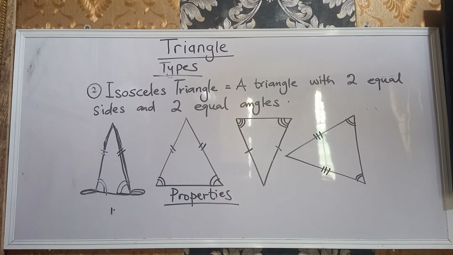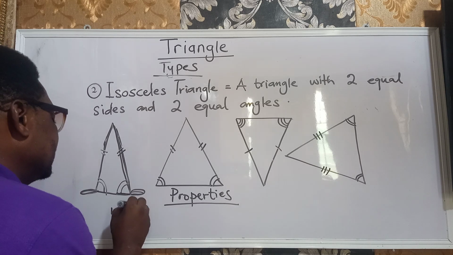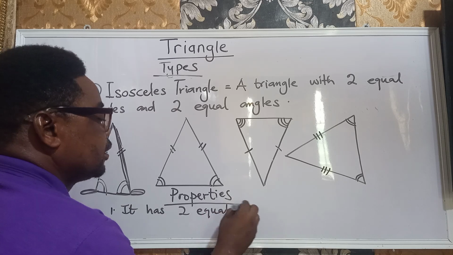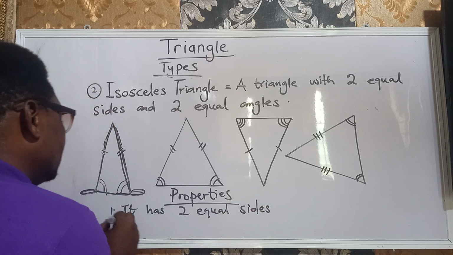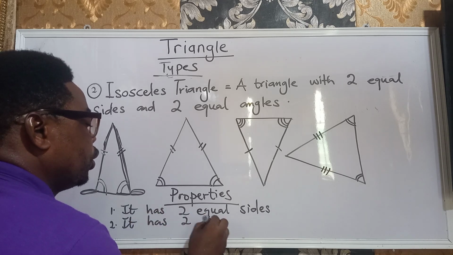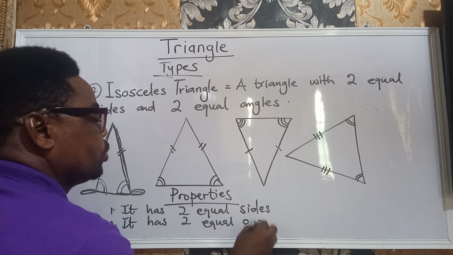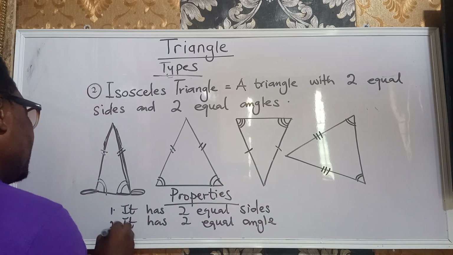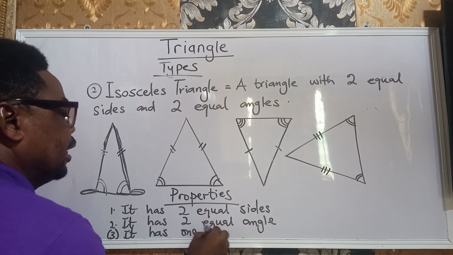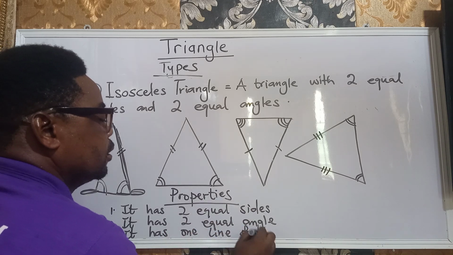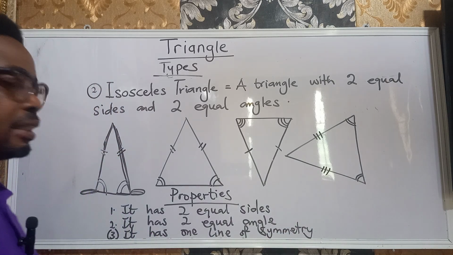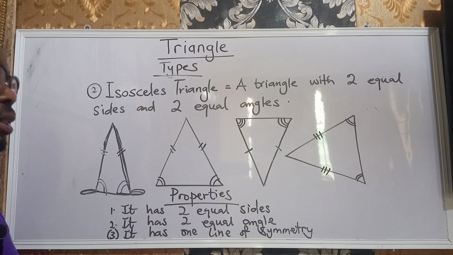Now, the first one is, it has 2 equal sides. 2, it has 2 equal angles. And 3, it has 1 line of symmetry.